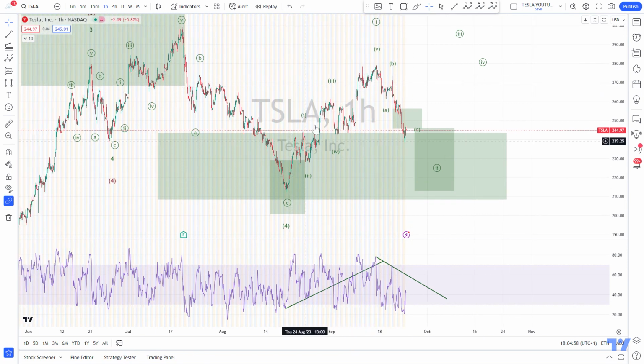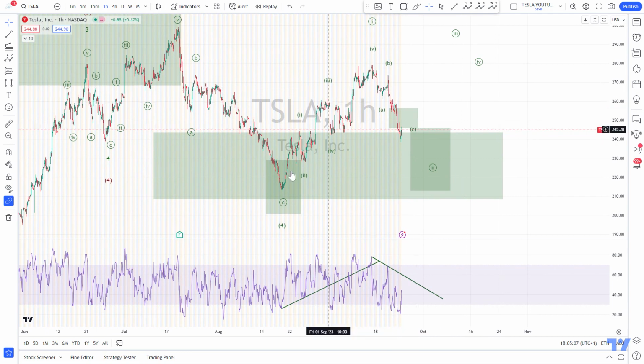If you put this all together, I believe this might be the first impulse up. And so now we are probably doing a corrective wave 2 down.